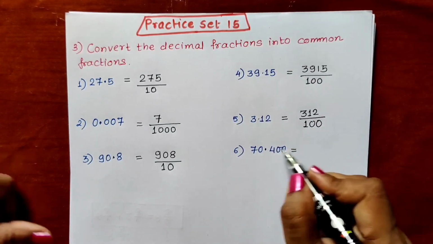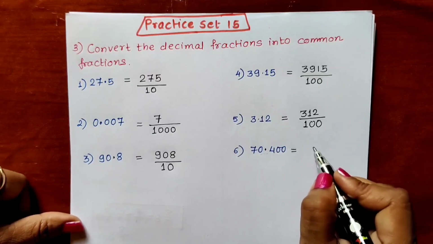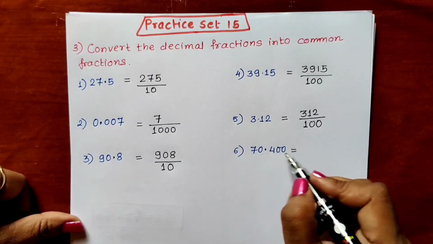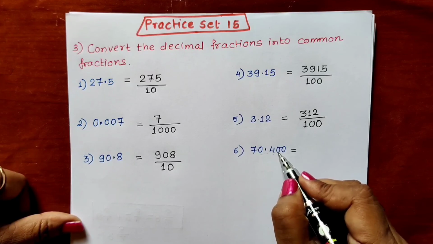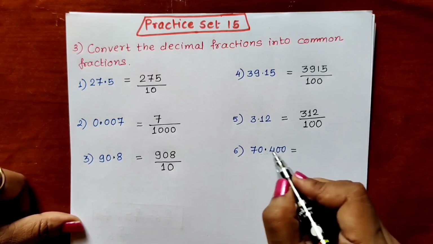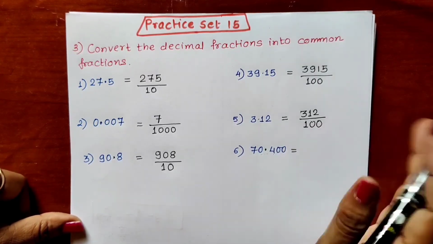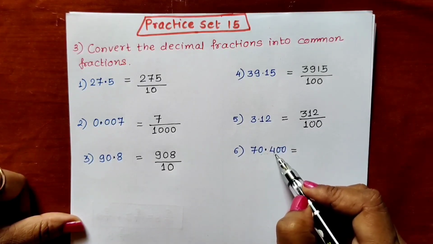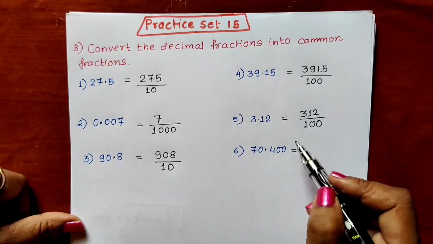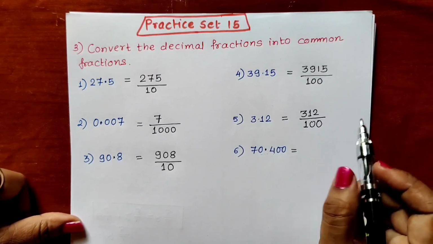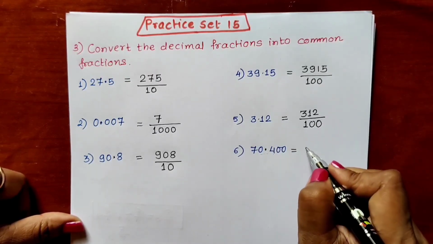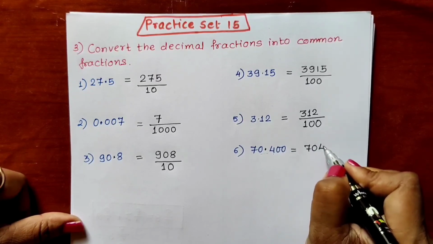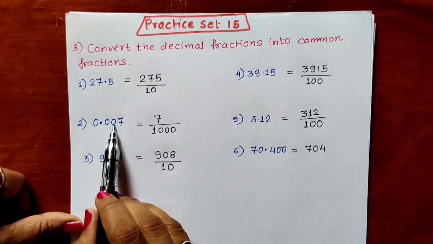Next one, we write this number in the numerator without decimal point. Now see children, 400 is there after decimal point on the right hand side. When after decimal point 1 digit is there and all the zeros are there, those zeros don't have any value. We don't write those zeros. So we write only 704. Like here we have not written these zeros.